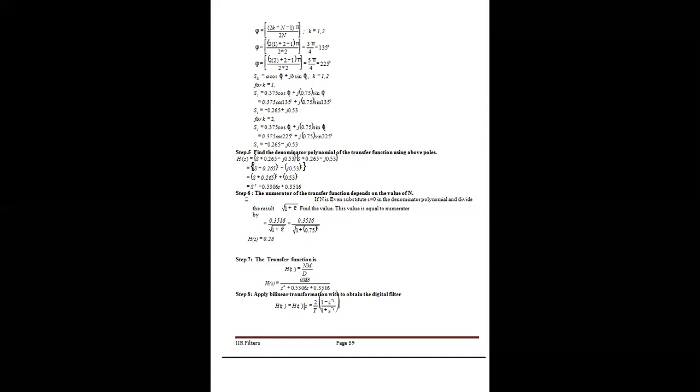Now we find the transfer function. What is the transfer function? Numerator divided by denominator. So 0.28 divided by s squared plus 0.53066 s plus 0.35166. Okay, now we will be applying the bilinear transformation. We know that s has to be replaced by 2 by T of (1 minus z to the power minus 1) divided by (1 plus z to the power minus 1).